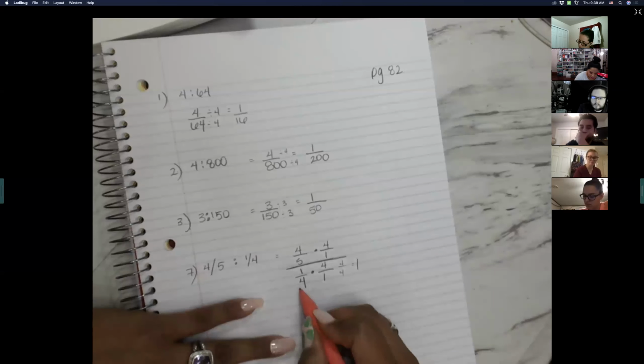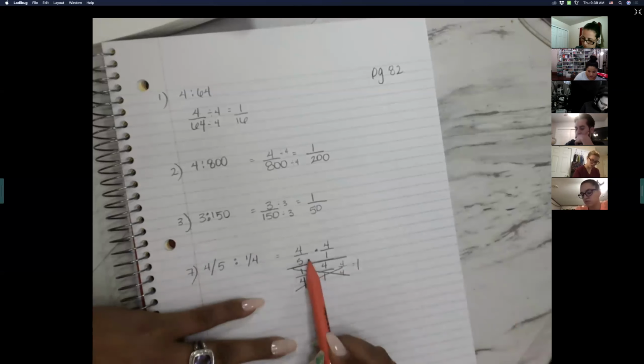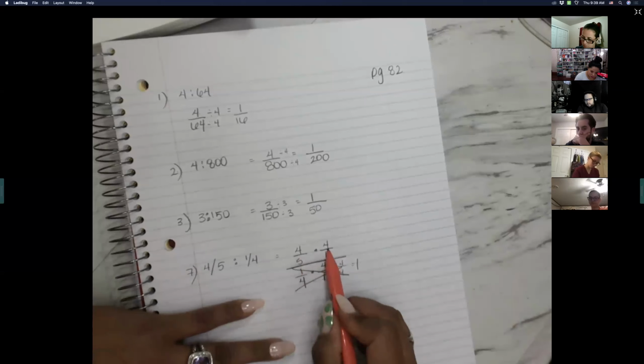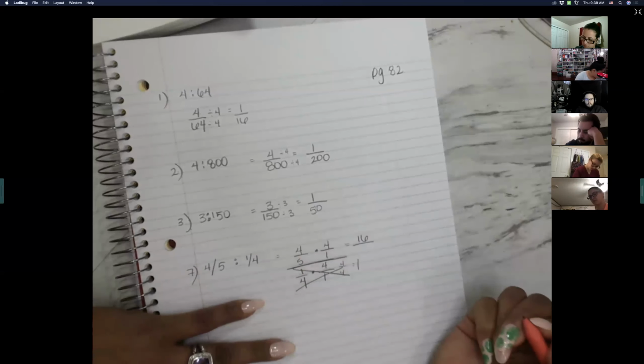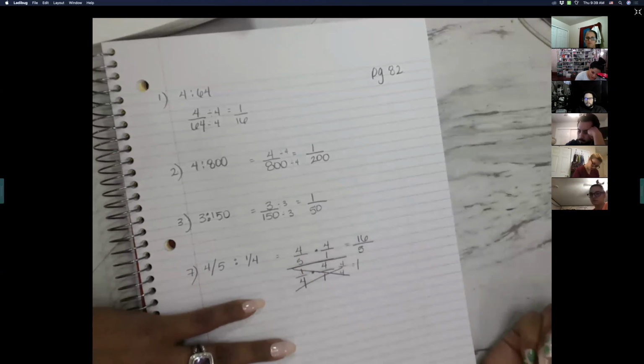Which means I don't care about this denominator anymore. It's just become a 1. I forget about it. All I'm going to focus on now is the numerator. And in the numerator, I have 4 times 4, which is 16, over 5 times 1, which is 5.